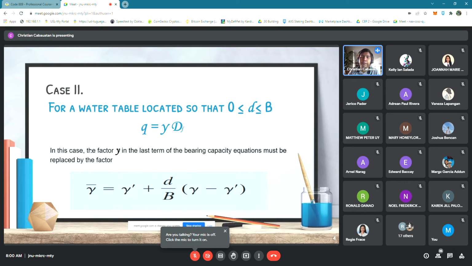So if case 2 happens, kapag nangyari yung case 2 na yon, the equation for the gamma for the last terms of those equations for strip footing, circular footing, and square footing would be interchanged with the gamma prime, or the gamma saturated minus gamma of water, plus the depth of the groundwater table from the bottom of the footing over the width of the footing, times the unit weight minus the unit weight prime.